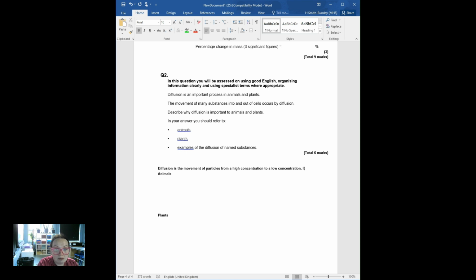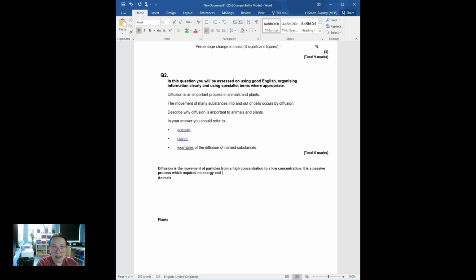Diffusion is the movement, oh gosh, if I could spell that would help, of particles from a high concentration to a low concentration.